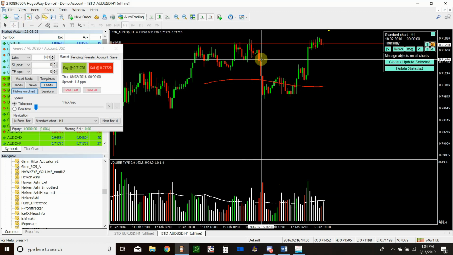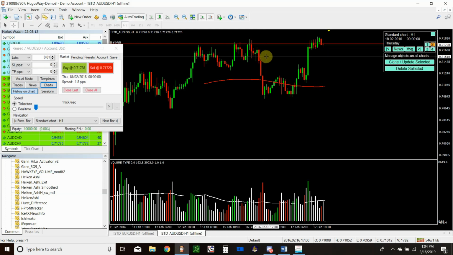So we technically would have entered at the opening of this candle. If we followed the trend until it went back below this volume indicator, we would have gotten out right at that green bar there, which would have given us 46 pips.